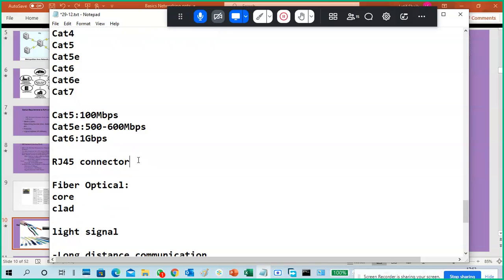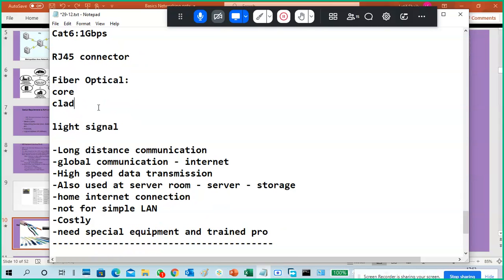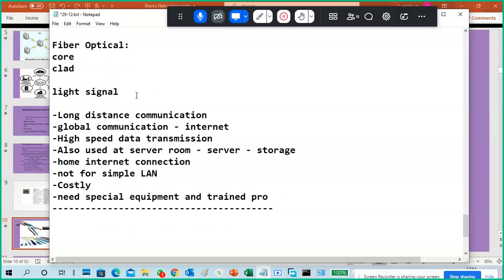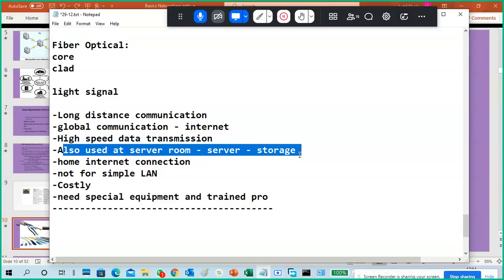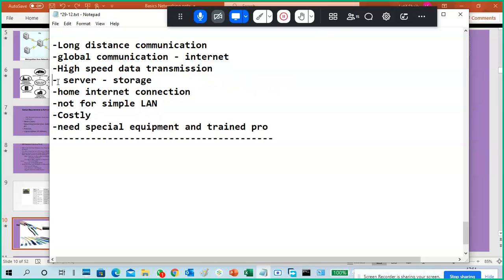We use an RJ45 connector. Next is the fiber optical cable, which has two parts, core and clad. The main signal is a light signal only, and long distance and global communication is possible. So we access the internet with it, with high speed data transmission, and we also use these cables in server rooms and storages.